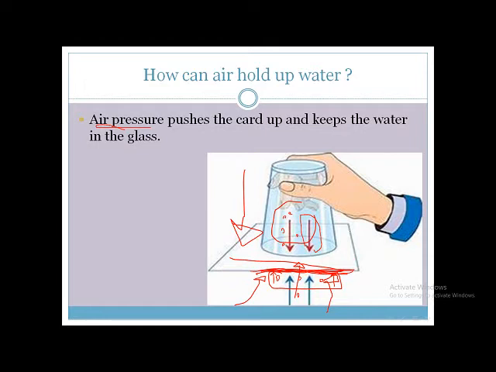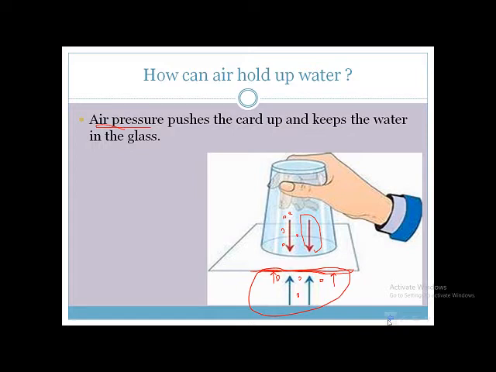When I have a force applied in a specific area, that means I have a pressure. So that's why I say I have an air pressure. This air pressure will prevent this card from falling down, and then the water will stay inside the glass.